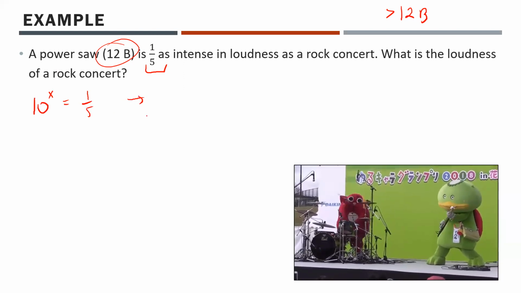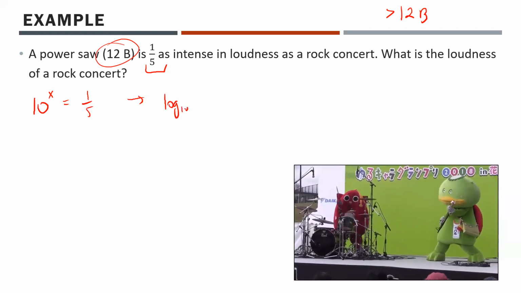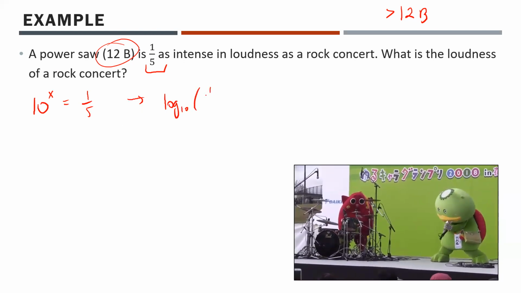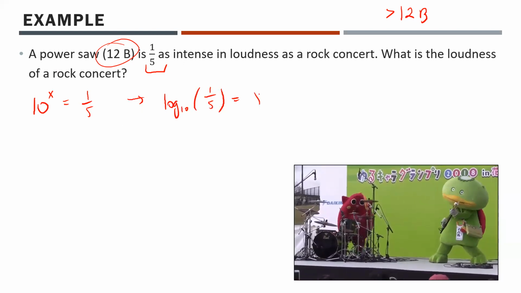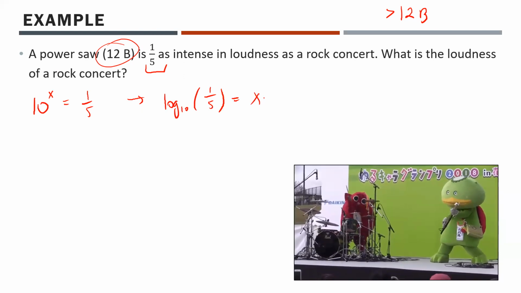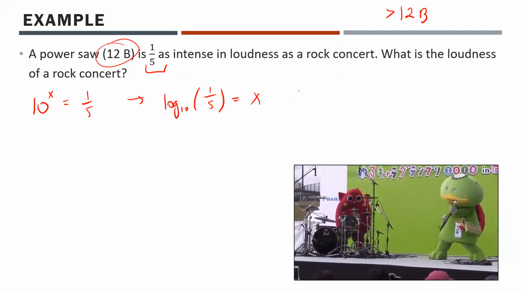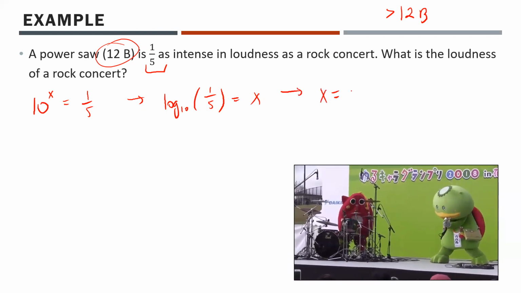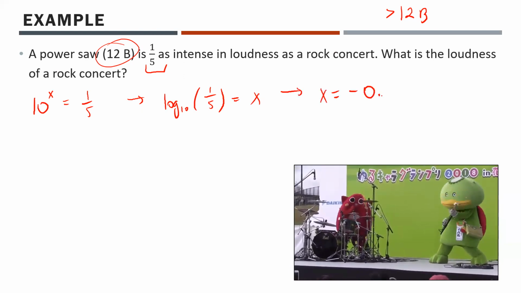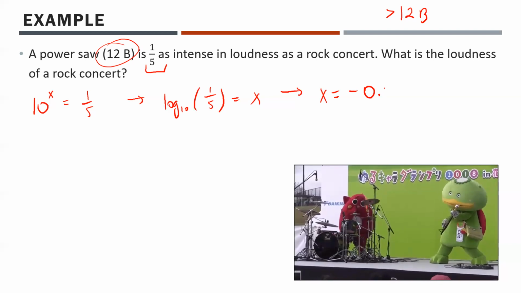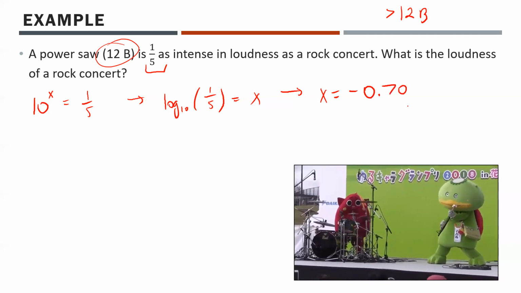Also, just like previous questions, we're going to change this into a log. So log base 10 of our answer, which is 1/5, equals x. If you throw that in your calculator, log of 1/5, you're actually going to get a very strange number for x. You're going to get x equals negative 0. Again, rounding just to 2 decimal places, negative 0.70.